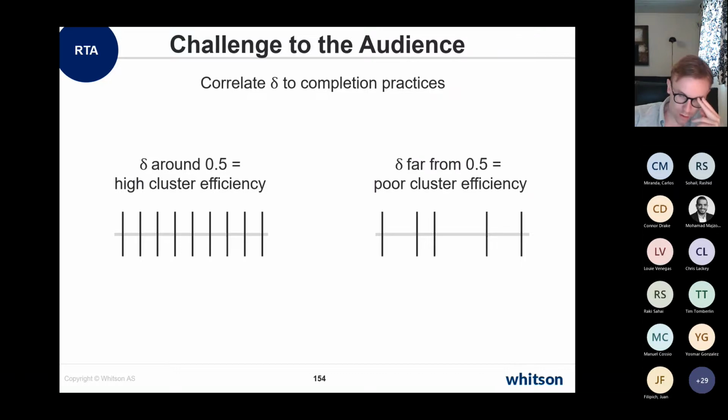And if you have a poor cluster efficiency, you should expect a delta that's far from 0.5 from the get-go, or a lot of complexity. So it would be interesting to see if, when you apply this technique on one of your wells, it provides some insights.